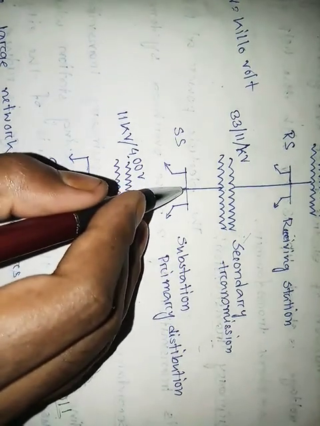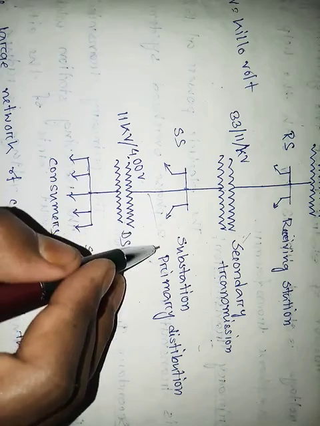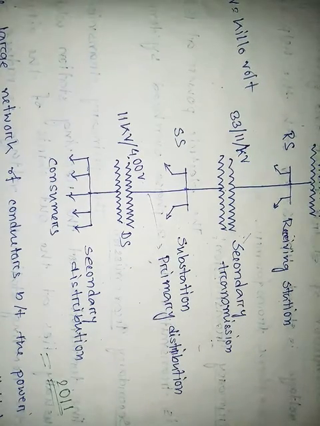Now see the primary distribution part. Substation to this transformer shows the primary distribution part. In primary distribution, the secondary transmission line terminates at the substation, where the voltage is reduced from 33 kV to 11 kV.